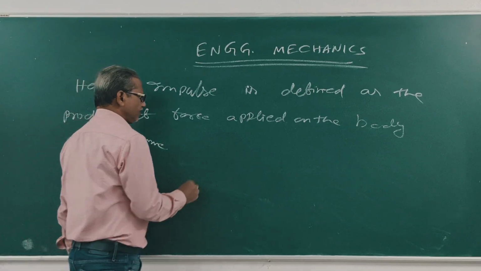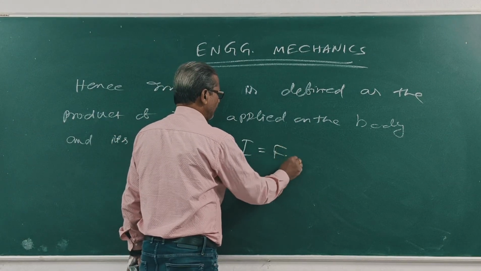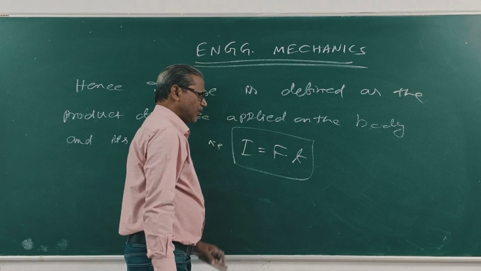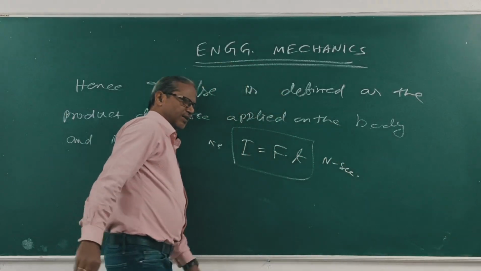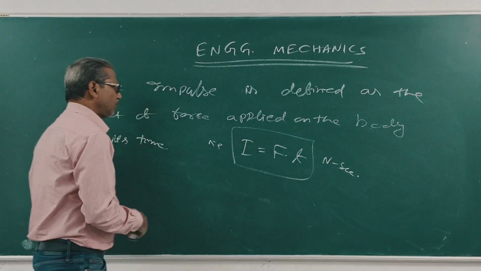That is, impulse I is equal to F into t. Right? What is the unit? Newton second.